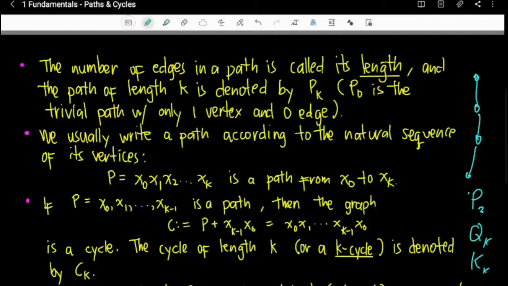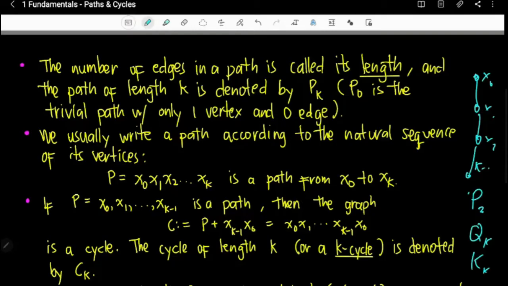So, if P equals x0, x1 up to x sub k minus 1 is a path, then the graph P plus idadagdag natin yung edge na x sub k minus 1 and x0. So, meaning, meron daw tayong path na x0, x1, x2, hanggang x sub k minus 1.